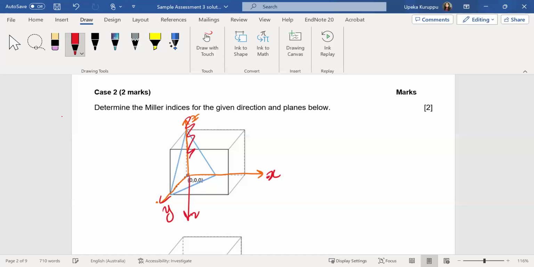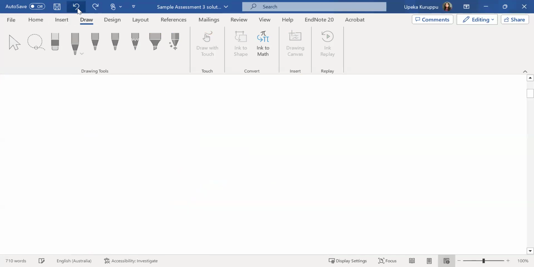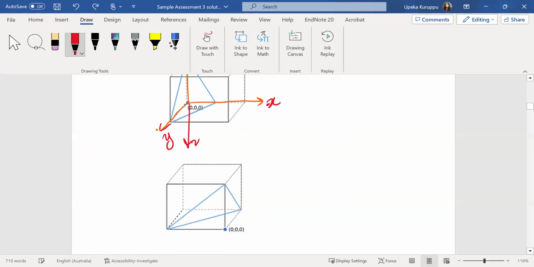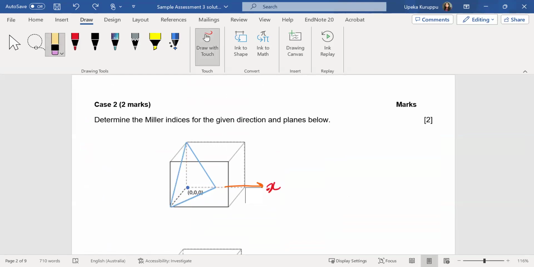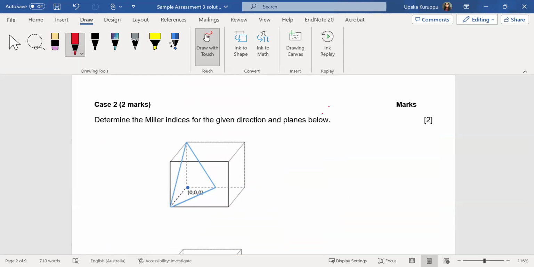Am I right? So we'll use the other way around. It doesn't matter which direction you put, as long as it fulfills the right hand rule. So I'll keep this one Z, this one X, and this one Y.